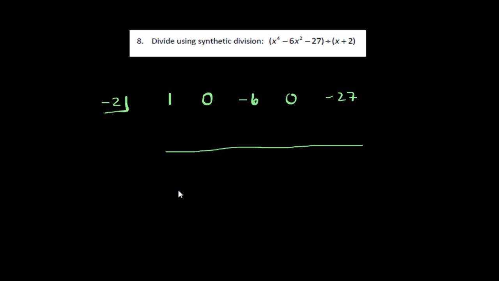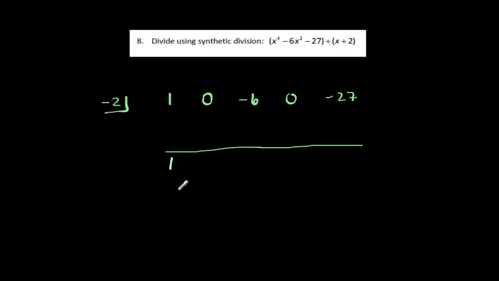Alright, divide using synthetic. Let's write our list of coefficients here. So the x to the fourth is 1. We don't have an x cubed, so we have to put a 0 there. x squared is negative 6. The x we don't have, so we have to put a 0. And then negative 27. And we're going to do negative 2 into that.